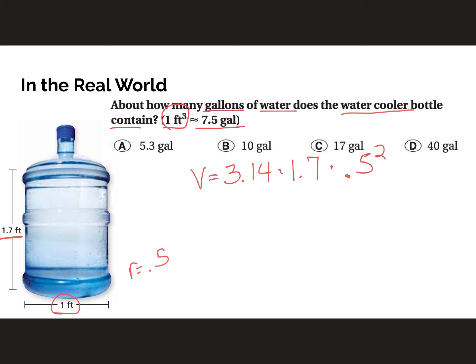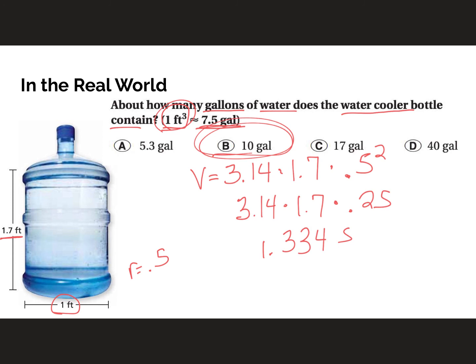So the 0.5 squared turns into 0.25. I put this into my calculator, 3.14 times 1.7 times 0.25 gives me 1.3345. And I know that each one is 7.5 gallons. So this probably holds about a little more than 7.5, so about 10 gallons. So the answer here would be B.